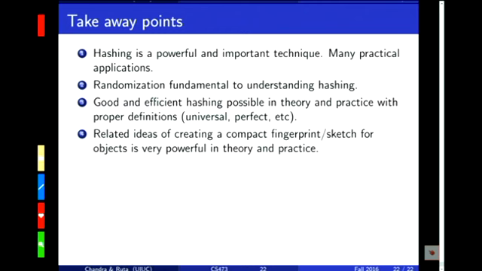And as we saw, it is not only for storing data, but it can be useful even for algorithms. So I think this is a useful concept for theory and practice both. Okay, that's it.